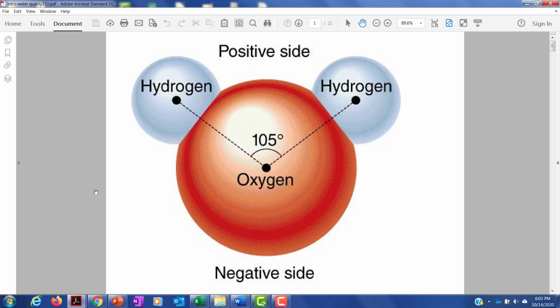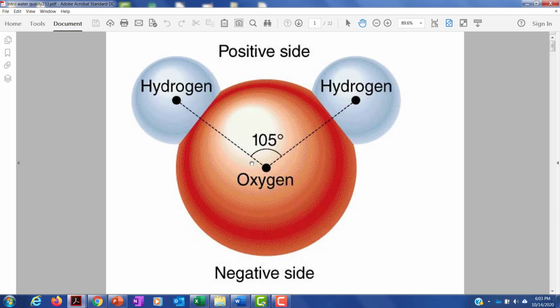We take water for granted, obviously, like it's a common substance, but it's really got some very interesting and unique properties. And the first one illustrated on this picture is because of the way that the two hydrogens are arranged with the oxygen molecule. That's what water is, two hydrogens in a water, H2O.